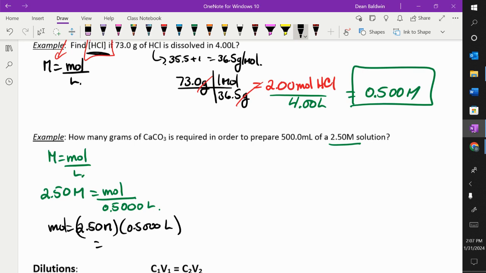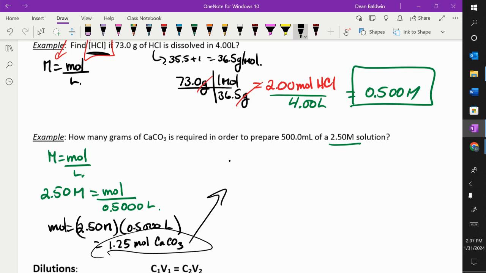Yep. Moles of calcium carbonate. Am I done? Why? It wants grams. You can't measure out moles in the lab. You can measure out the weight or the mass in the lab.